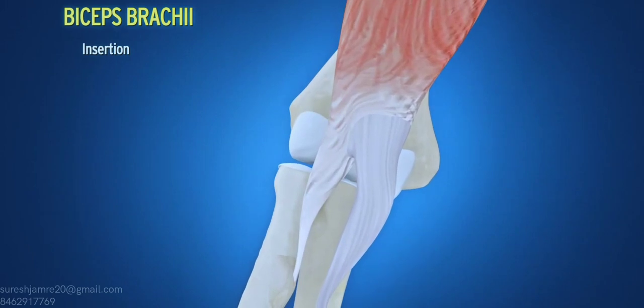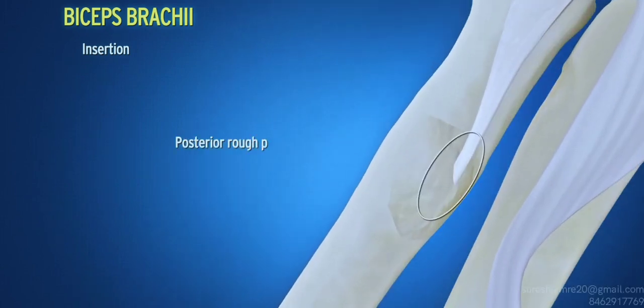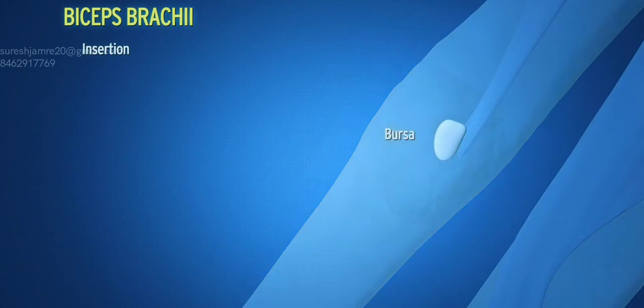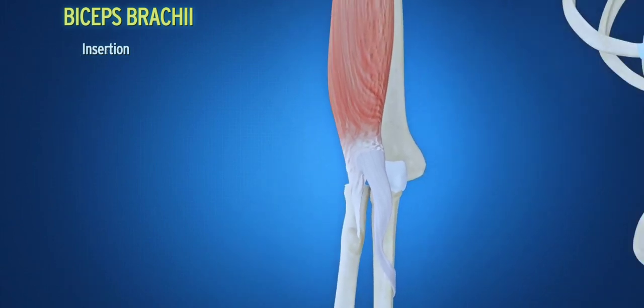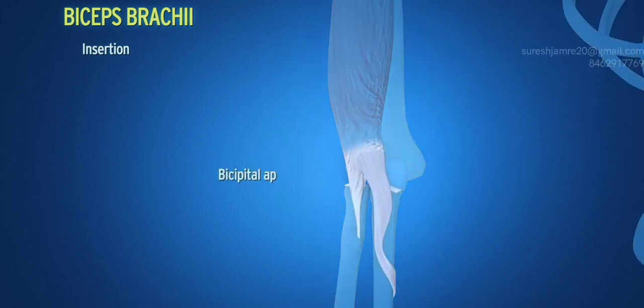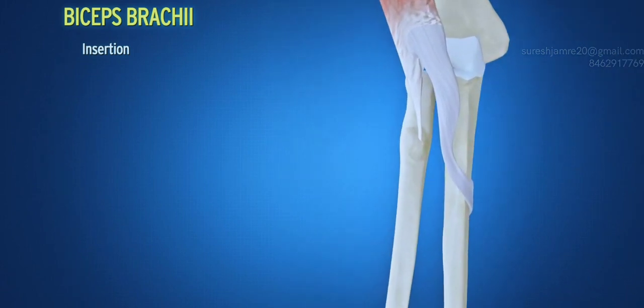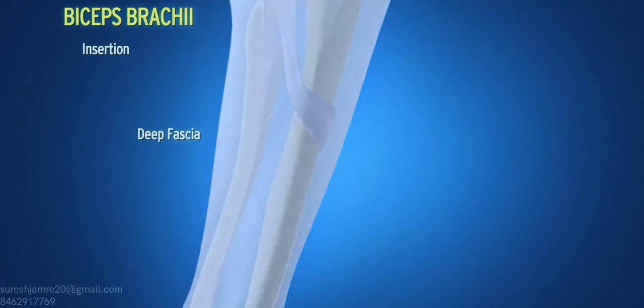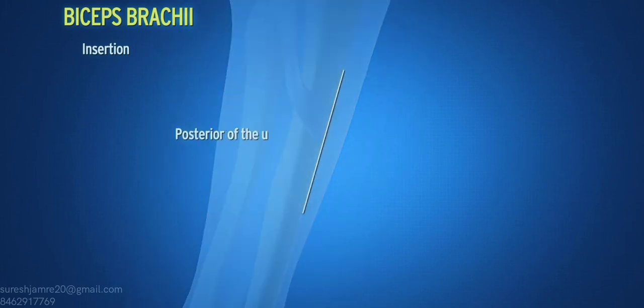The united muscle forms a tendon which crosses the elbow joint and inserts into the posterior rough part of the radial tuberosity. Tendon is separated from the anterior part of radial tuberosity by a bursa. In addition to this, the tendon gives an extension known as bicipital aponeurosis, which joins with the deep fascia of the forearm and extends to posterior border of the ulna.